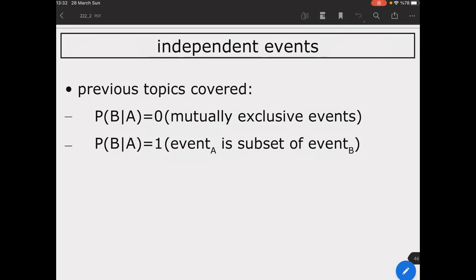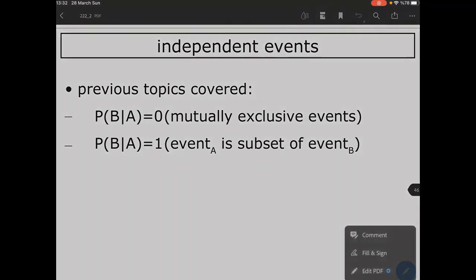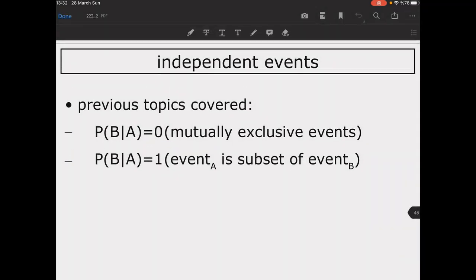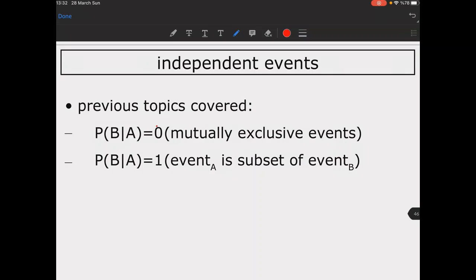Now we will talk about independent events. In the previous topics, we covered mutually exclusive events, where if some event A happens, the probability of B happening would be 0.